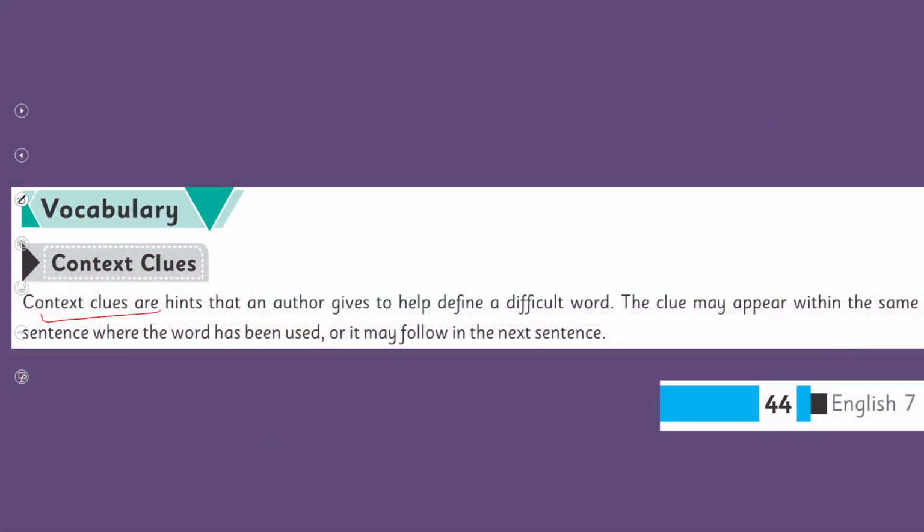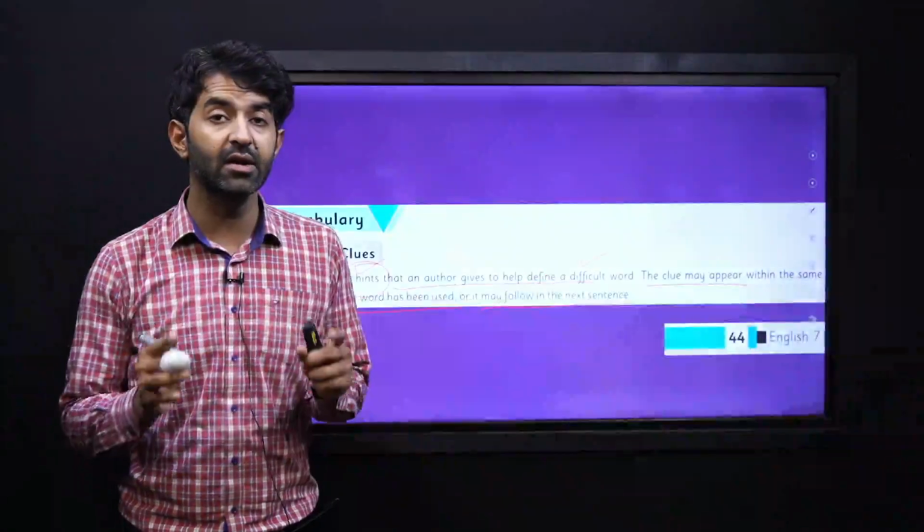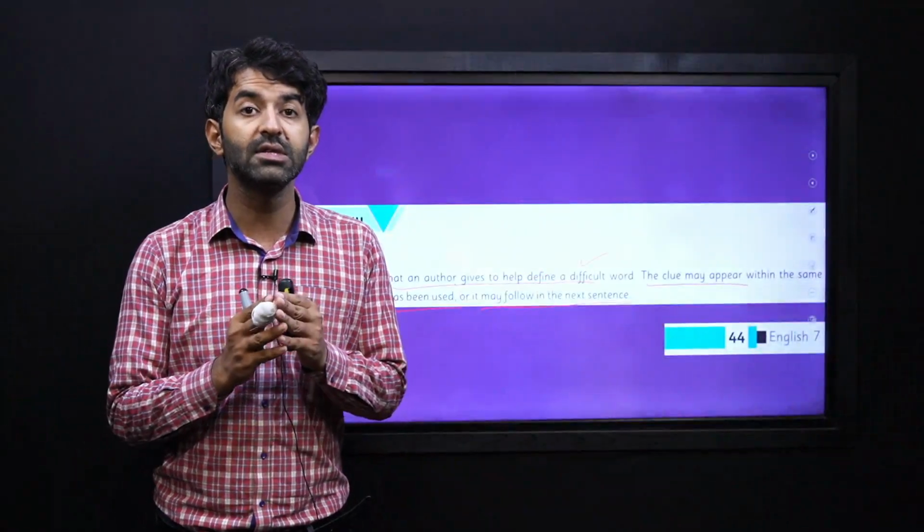Now context clues are hints that an author gives to help define a difficult word. The clue may appear within the same sentence where the word has been used, or it may follow in the next sentence.